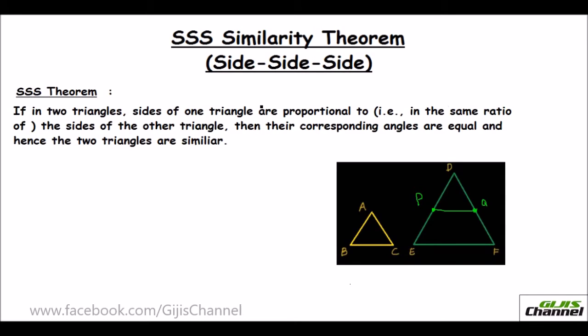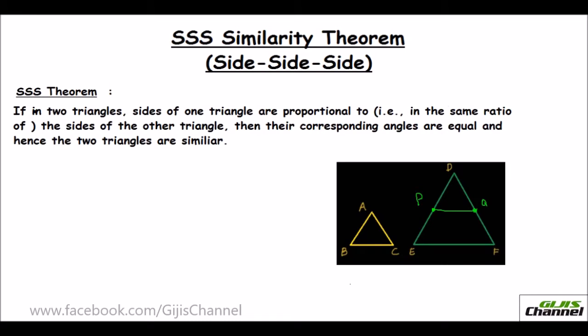The three corresponding sides of the two triangles would be equal in length, or they would be congruent. But here in the similarity theorem, the three corresponding sides of two triangles are always proportional and they are not equal. Just note this point. They are just proportional and not equal.